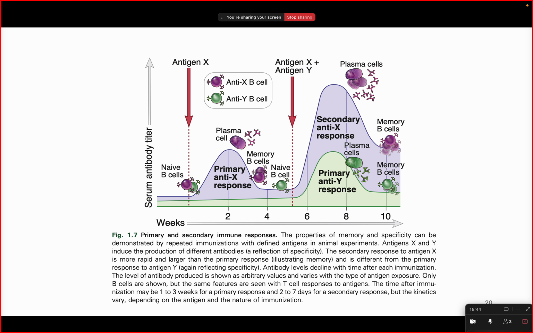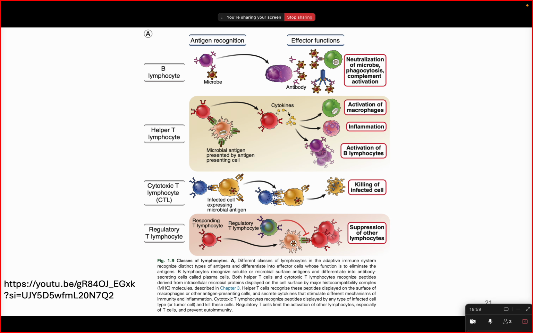The effect of the reaction of the body will be much more in comparison to the primary response, right? Then we saw the classes of lymphocytes.